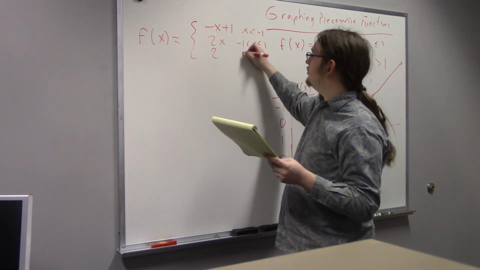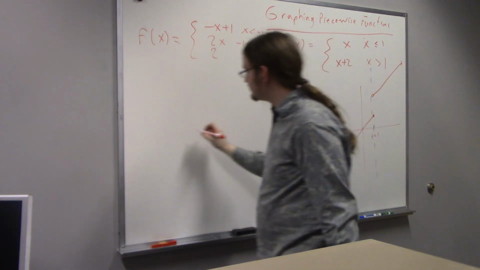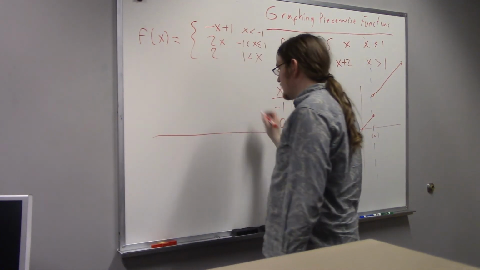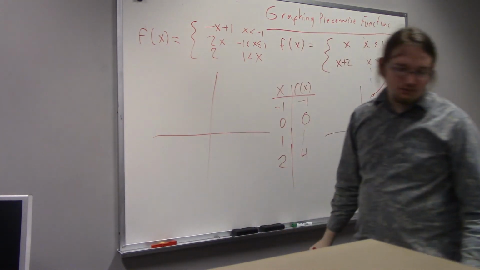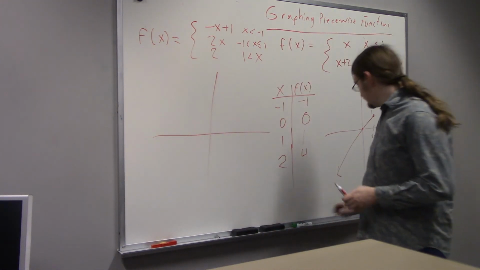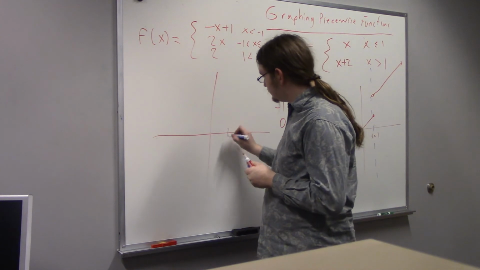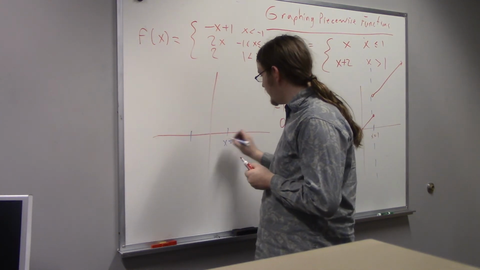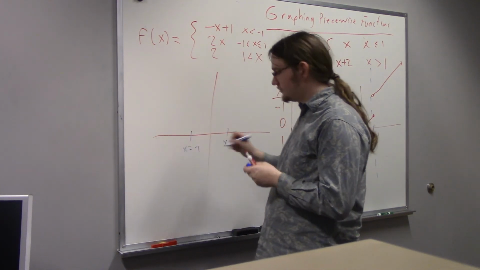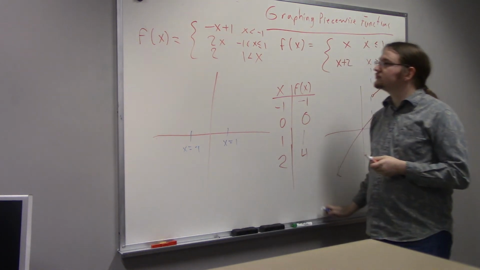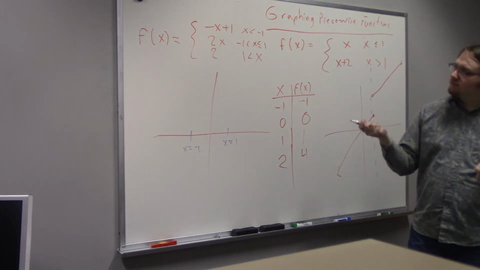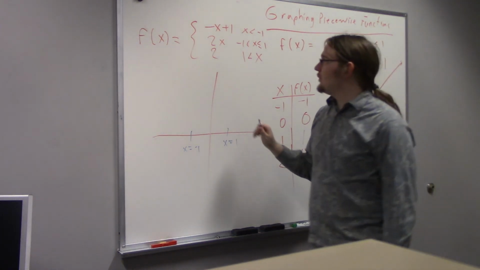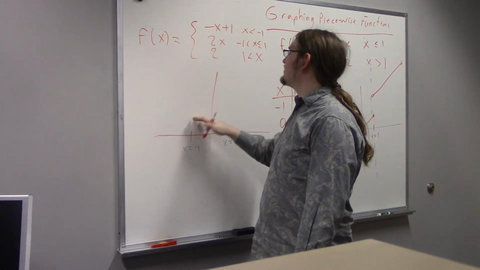And 2 when 1 is less than x. So again, we have our intervals, x equals 1 and x equals negative 1, and we graph these functions on these different intervals.